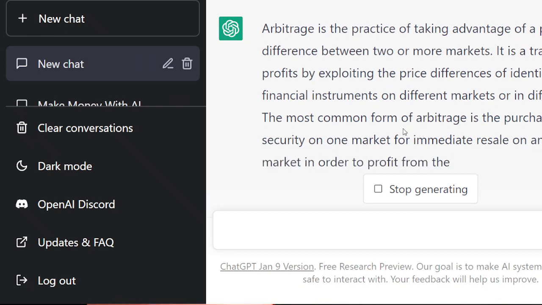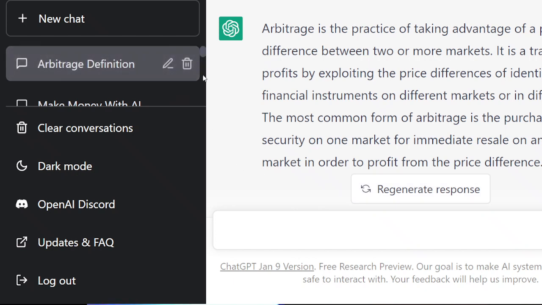It is a trade that profits by exploiting the price differences of identical or similar financial instruments on different markets or in different forums.